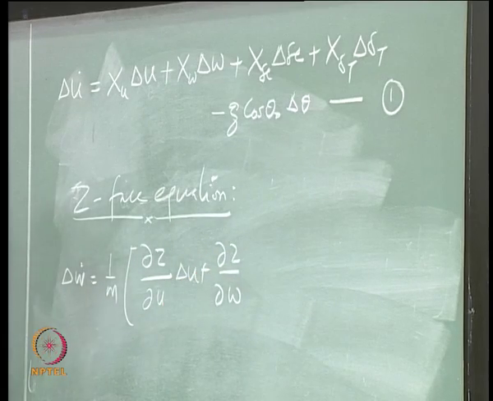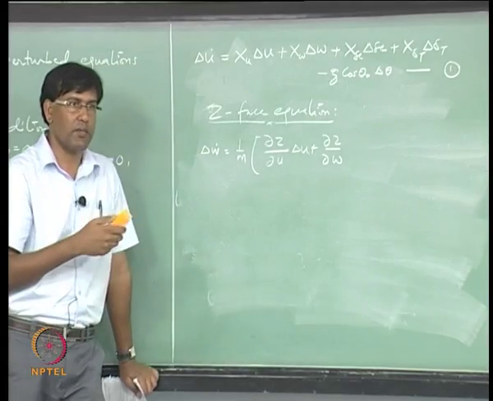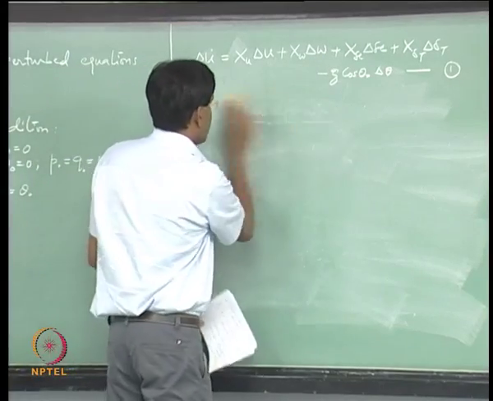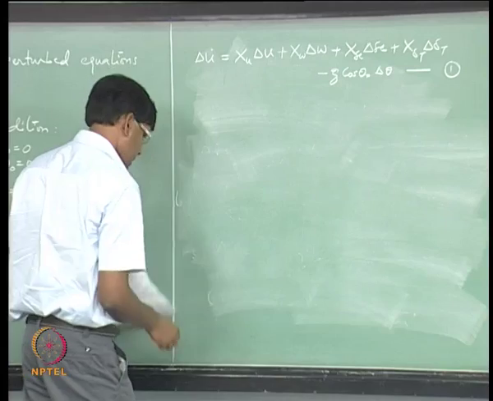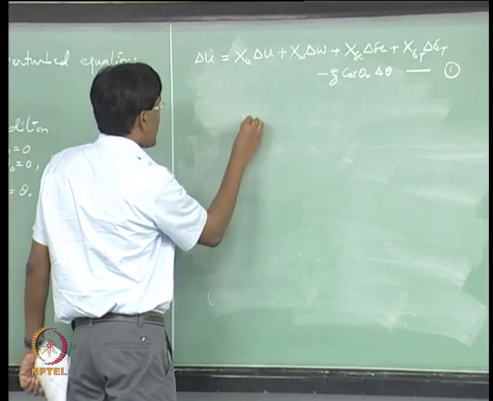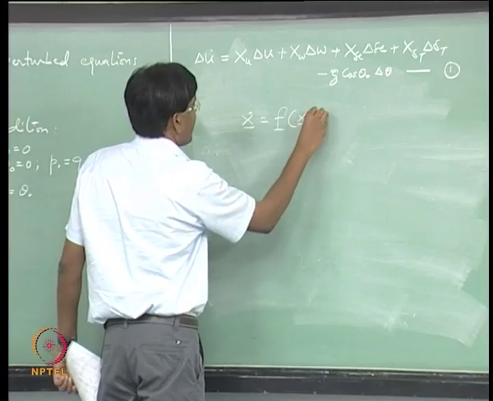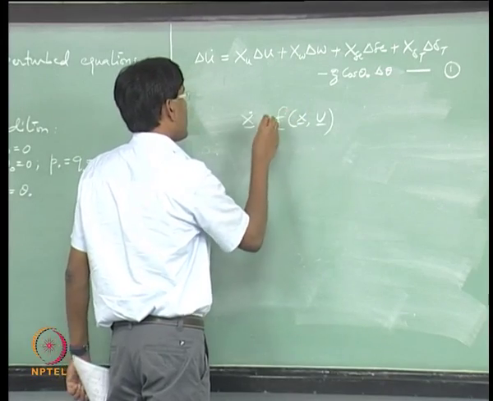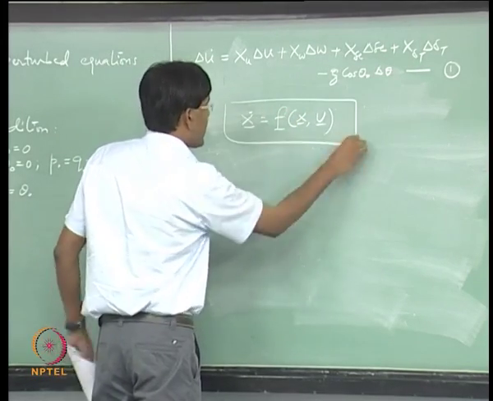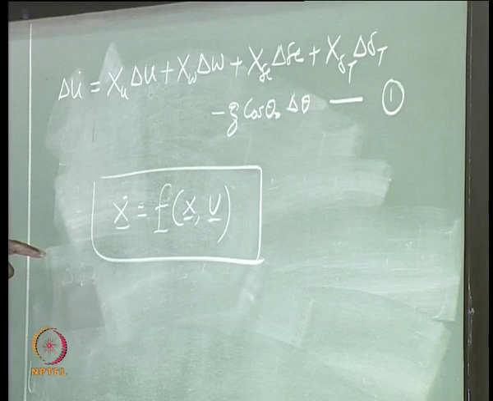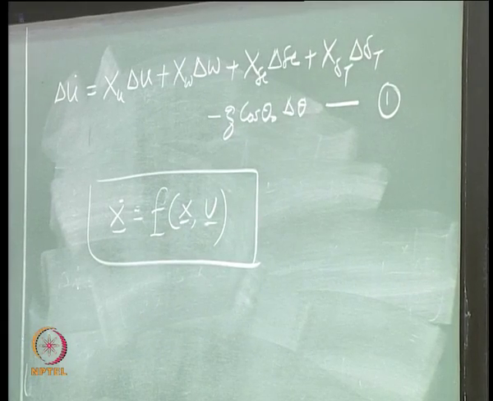So let me just explain, giving a general example the way we started with. So you have the equations written in this form, where x is the vector of state variables, in our case u, v, w, p, q, r, phi and theta.